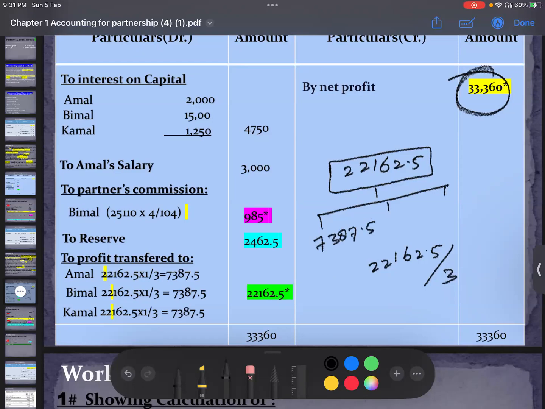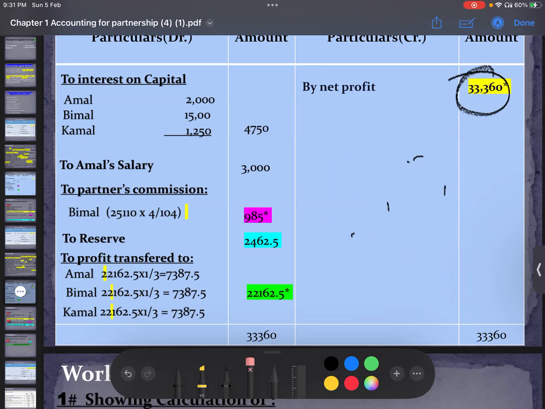For Amal, Bimal, and Kamal, everyone is going to get the equal amount of profit. Why? Because everyone is an equal partner. All right, everyone. Is that clear now, Abin? Yes, sir. Okay.